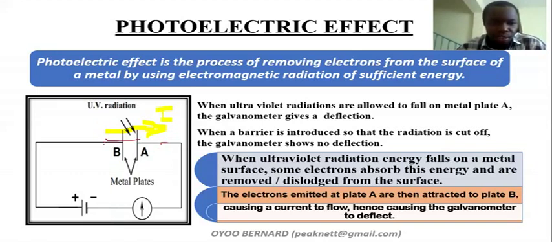So that is the direction of flow of electrons, and that is the direction of movement of current. So it is this current, when it flows through the circuit, that will make the galvanometer deflect. I hope that is well explained.